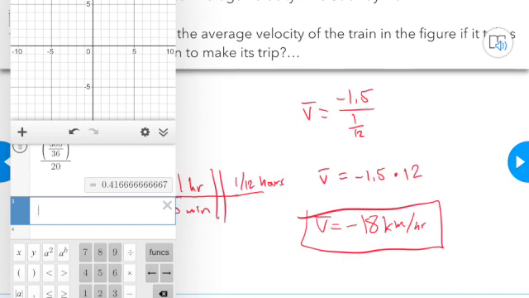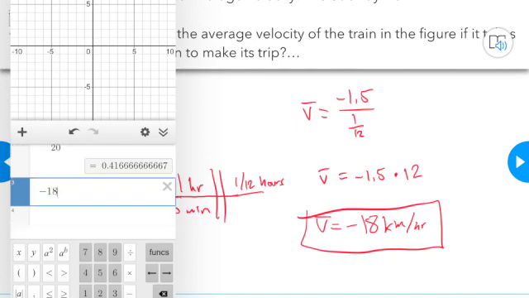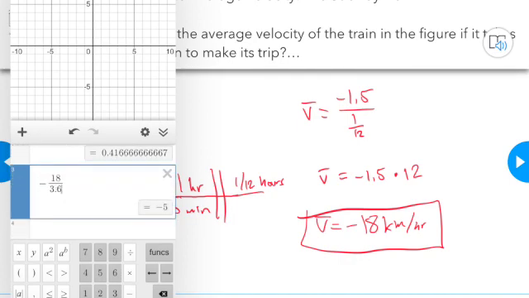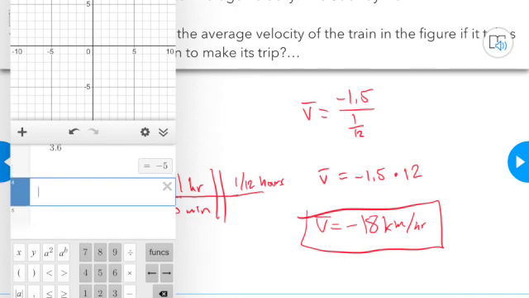But the 100, let's say, would be 100, be 10, 10 over 36, which simplifies to 1 over 3.6. That means if you divide kilometers per hour by 3.6, so negative 18 divided by 3.6, it gives us our velocity in meters per second.